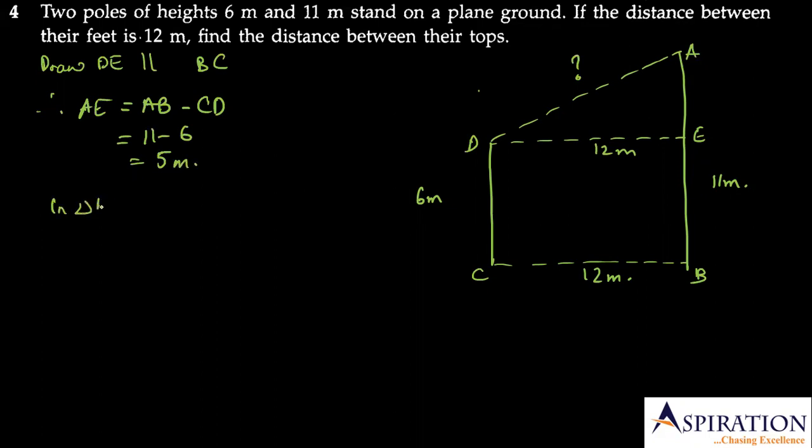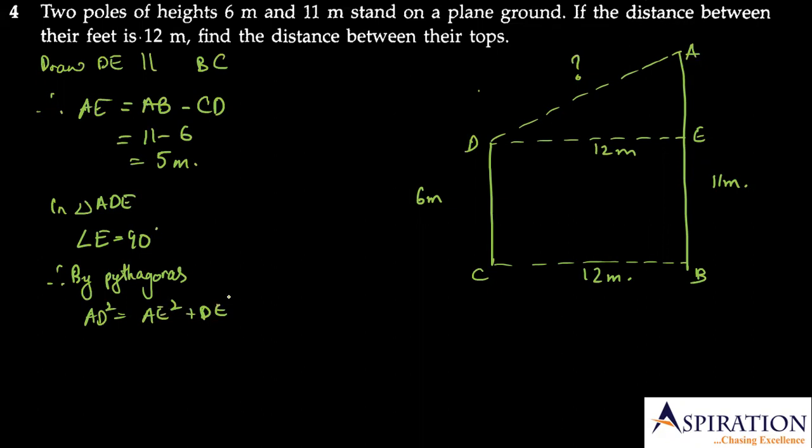In triangle ADE, angle E is equal to 90 degree. Therefore, by Pythagoras, AD square is equal to AE square plus DE square. This is the hypotenuse, this we can take as the perpendicular and this as the base. So AD square is equal to AE square plus DE square.